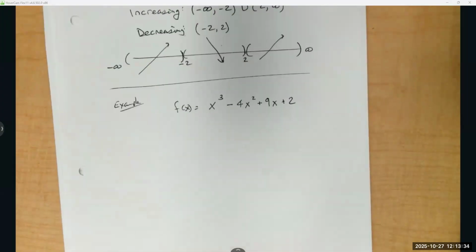Let's look at that one. Tell me where it's increasing, where it's decreasing. We'll talk about the rest later.